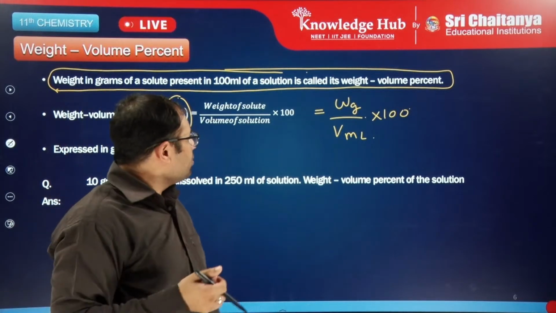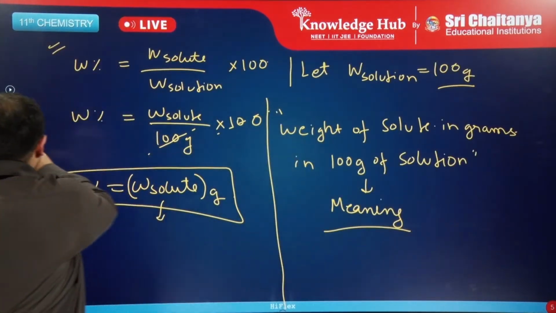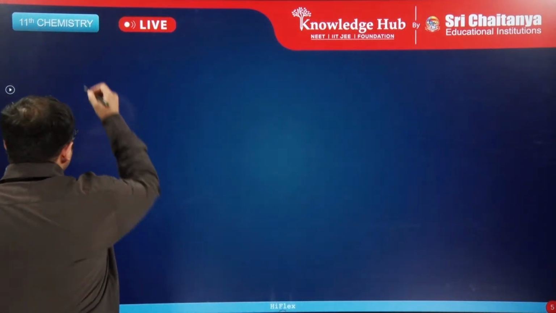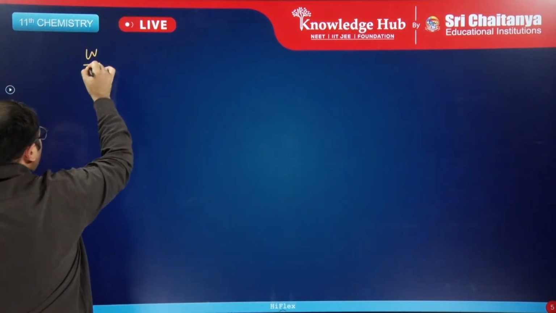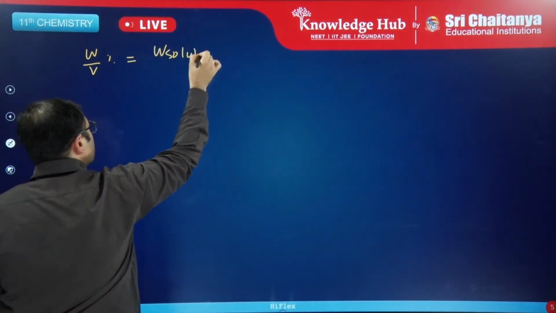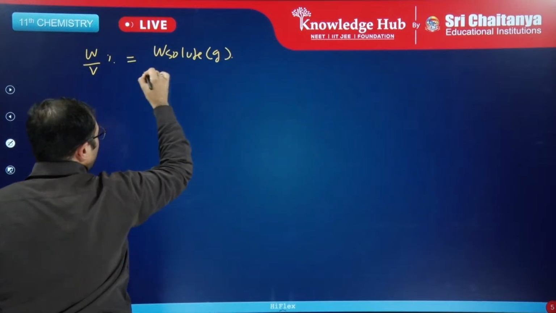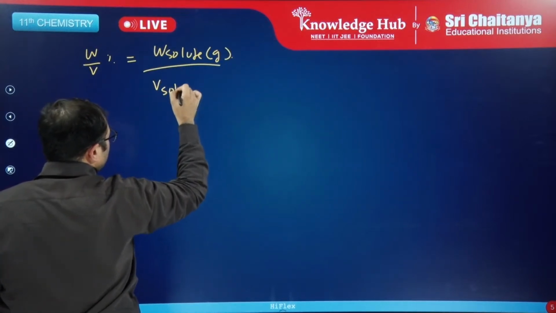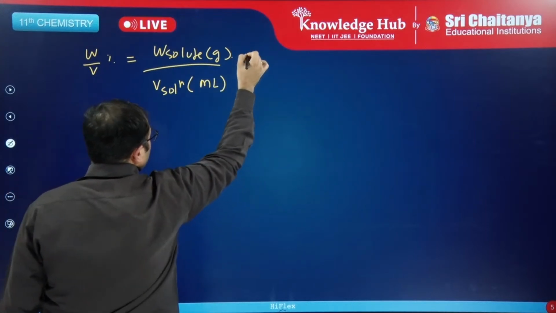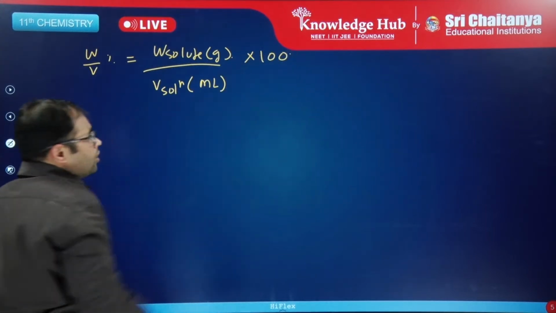For understanding that, let me go back to the previous window pane and erase everything out. So now we're talking about weight by volume percentage. You have the weight of solute in grams for now, and you have volume of solution in mLs multiplied by 100.